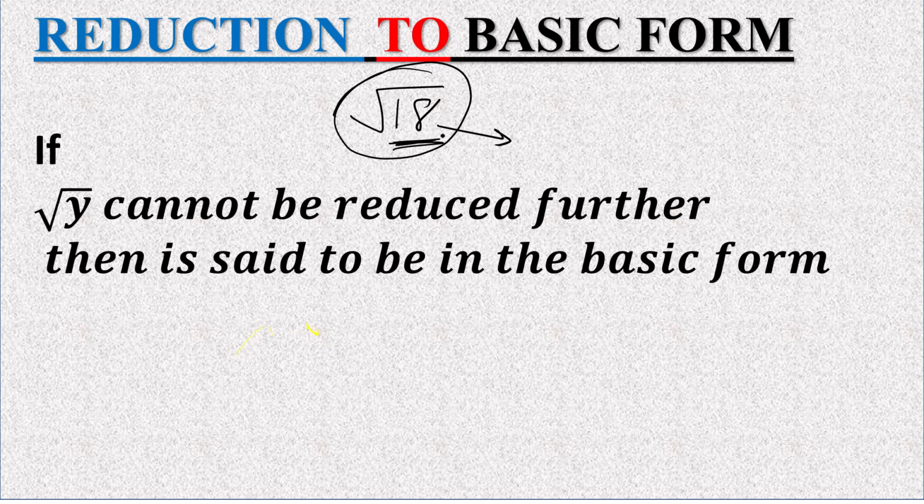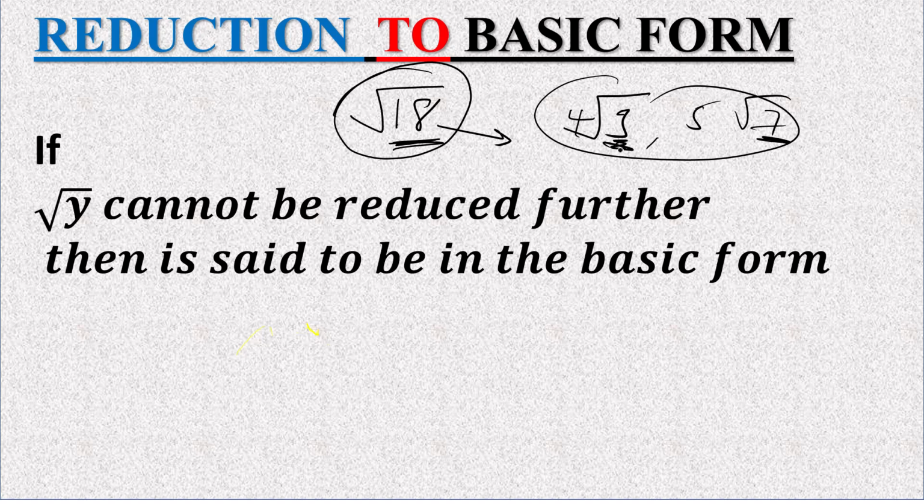Once your answer is in the form of a surd, for instance root 3, you can get something like 4 root 3, 5 root 7. They are all in their basic form because we have surds here.